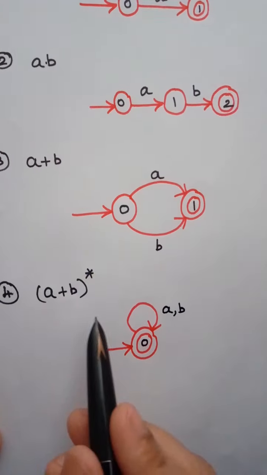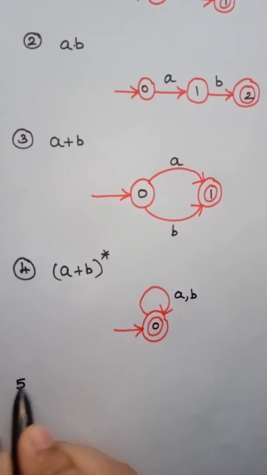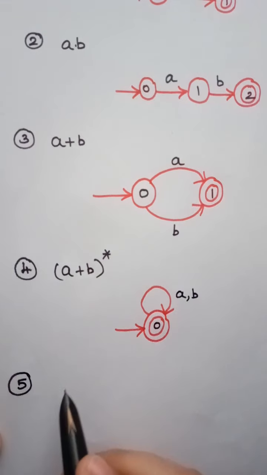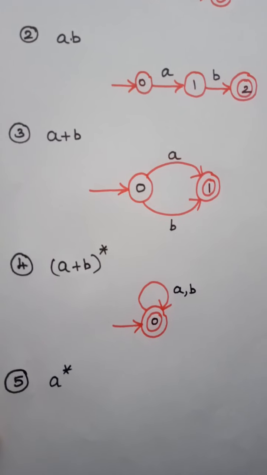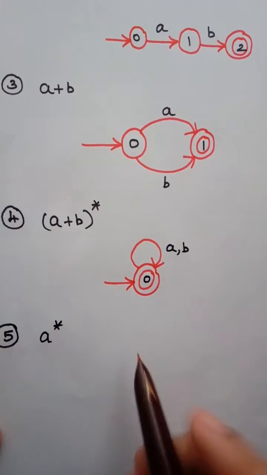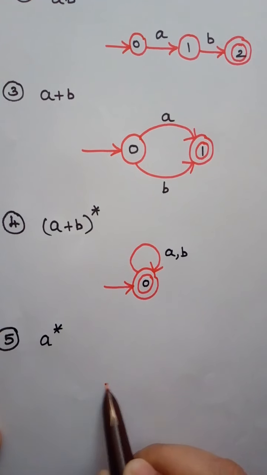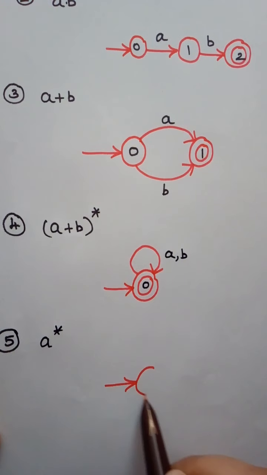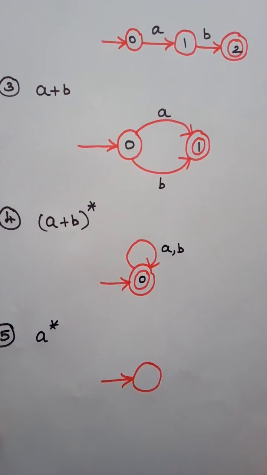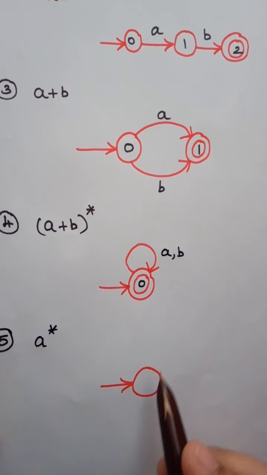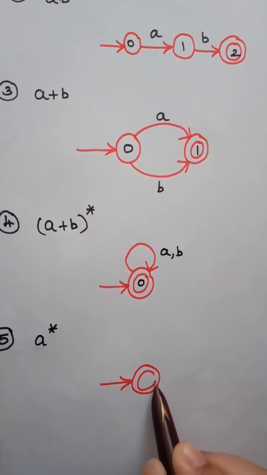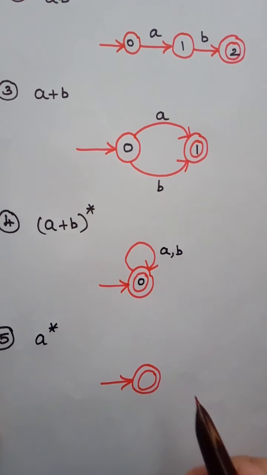Or if it is not given as A plus B but simply as A closure, in the same way we have to construct the NFA. Let this be the starting state, and since we have only A closure, we'll have only one state.